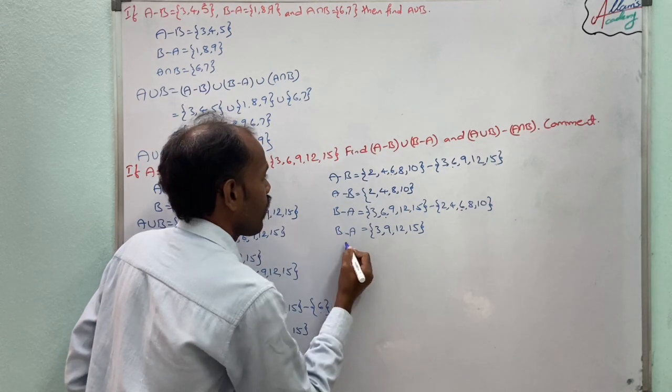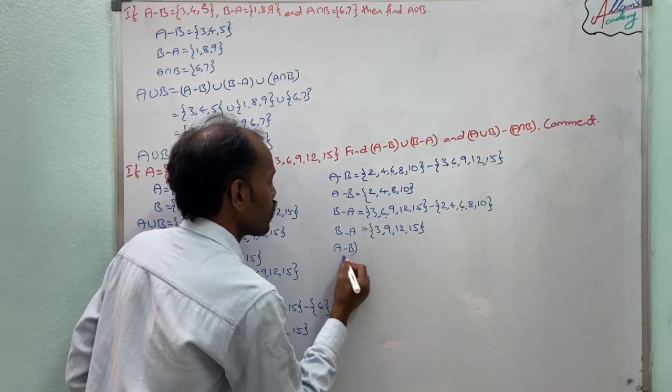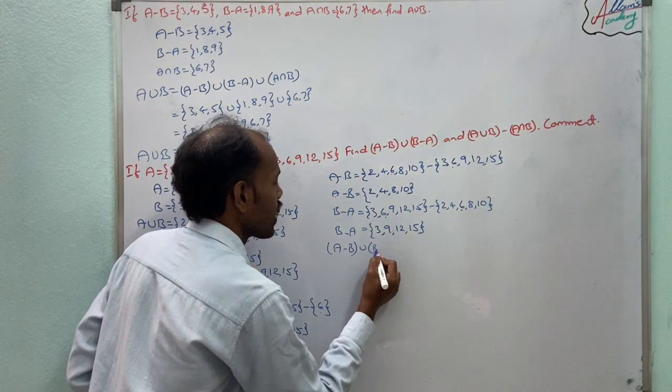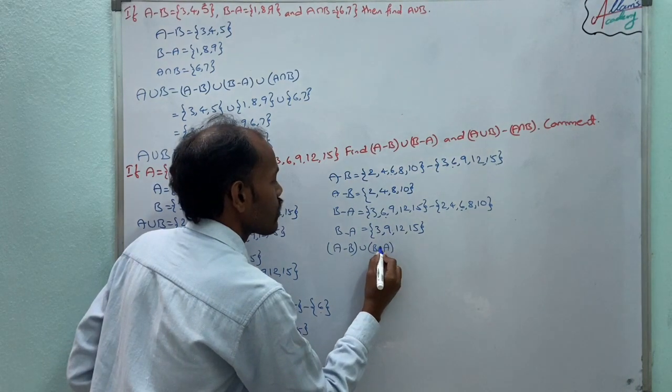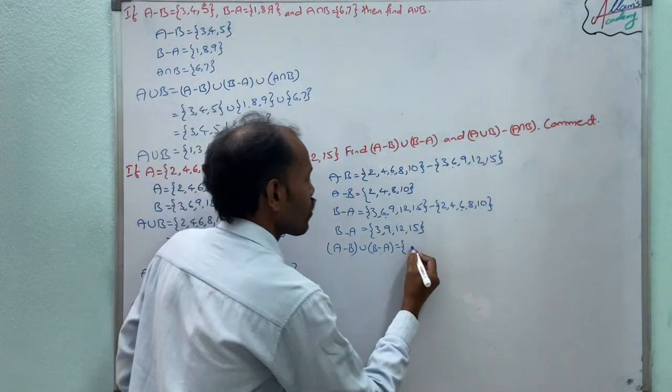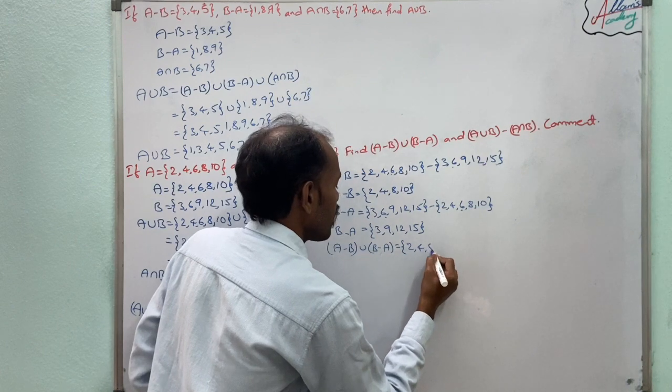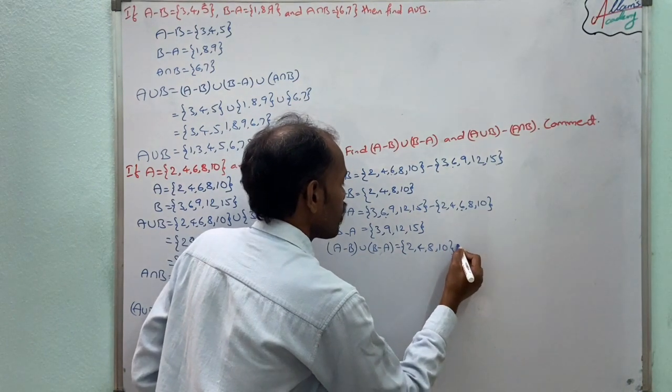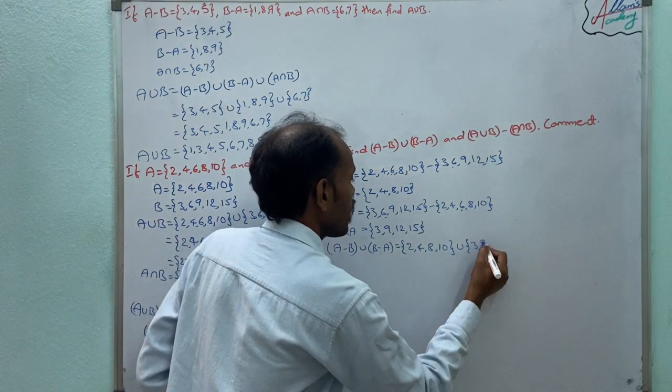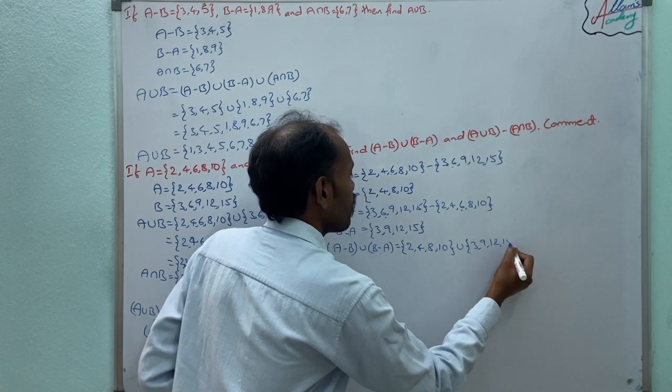Now we are finding A minus B union B minus A. So that is {2, 4, 8, 10} union {3, 9, 12, 15}.